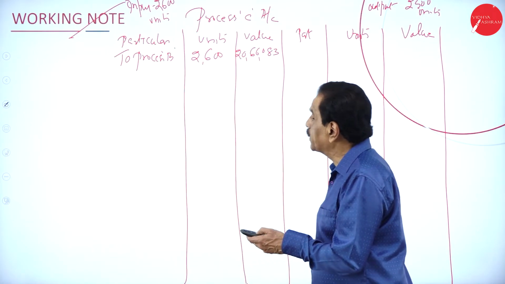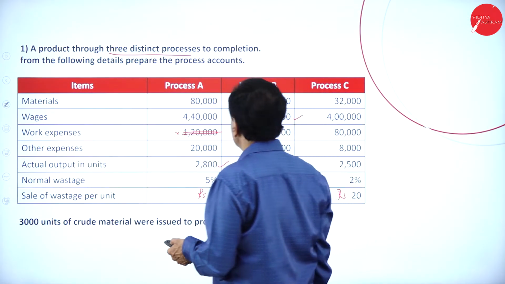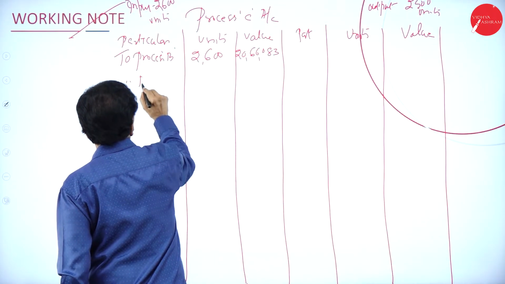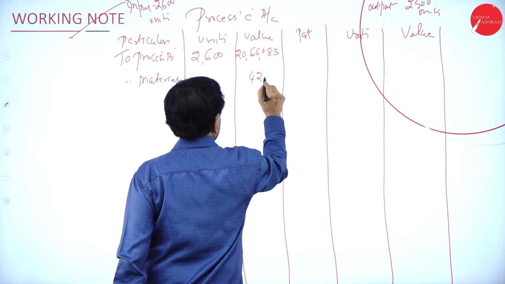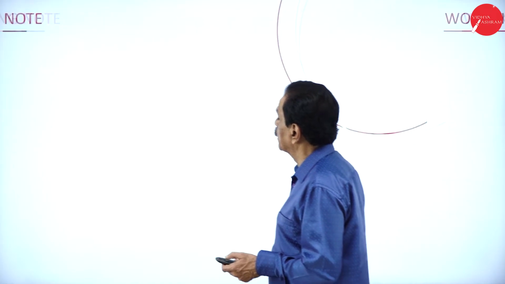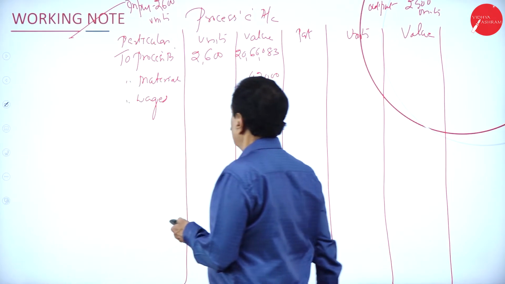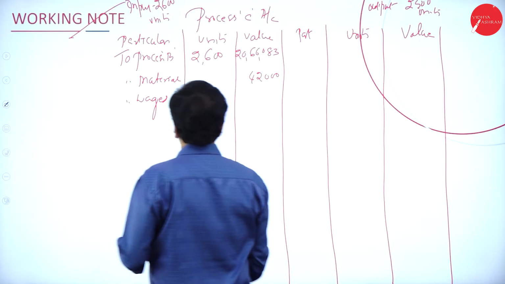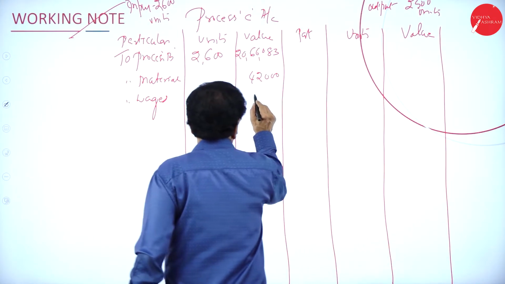So now go with the expenditure. To materials 42,000. This over. To wages 80,000. What's your material cost? Process material 42,000. Wages 80,000.